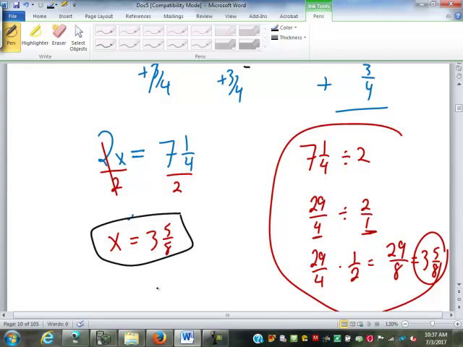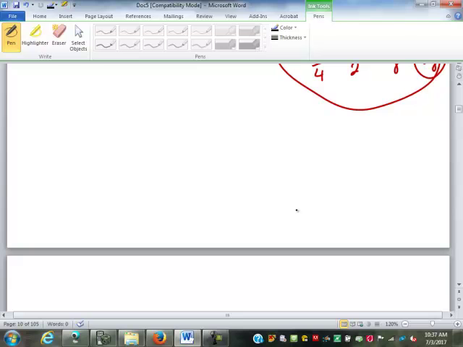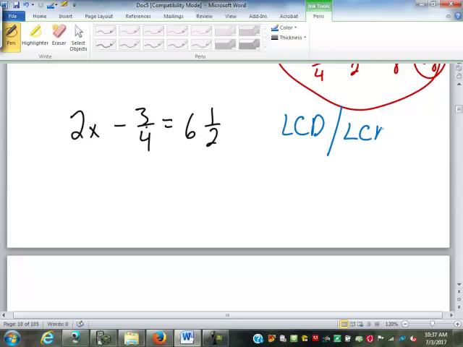Well, in order to avoid working with the fractions, there are some processes we can do. For 2x minus 3/4 equals 6 1/2, I could find a least common denominator or least common multiple of all the fractions.